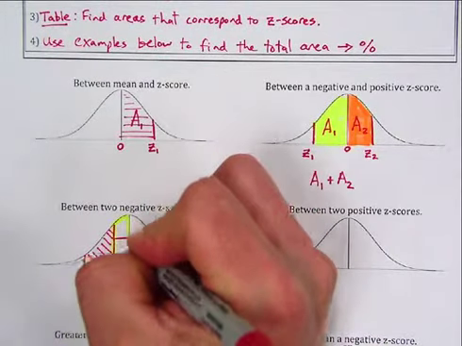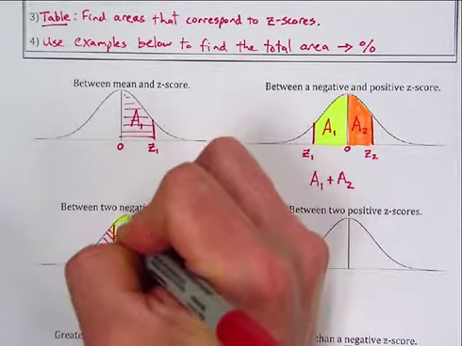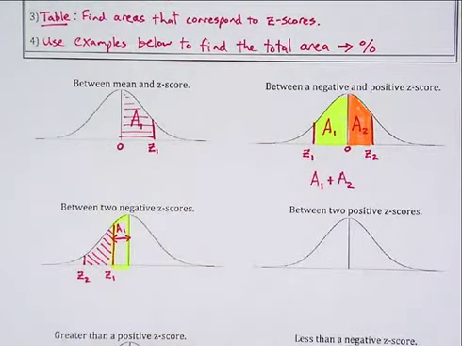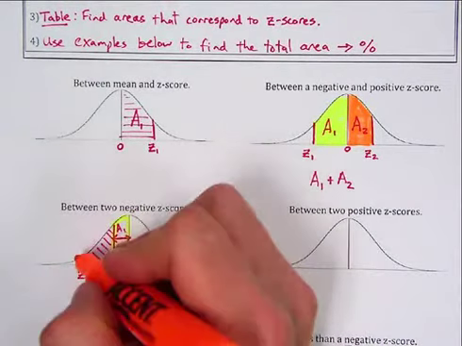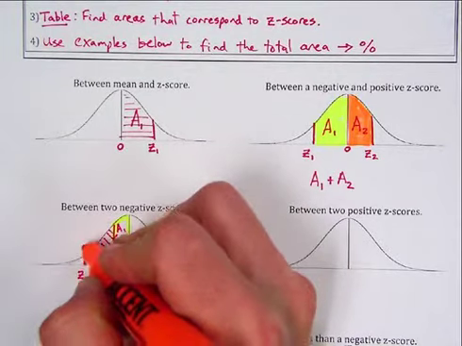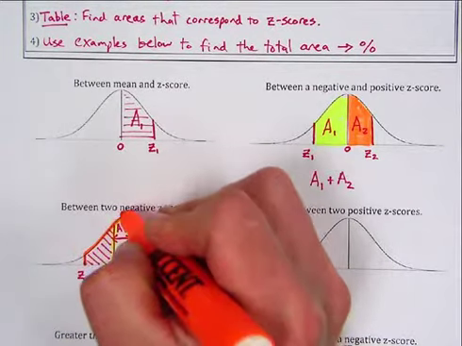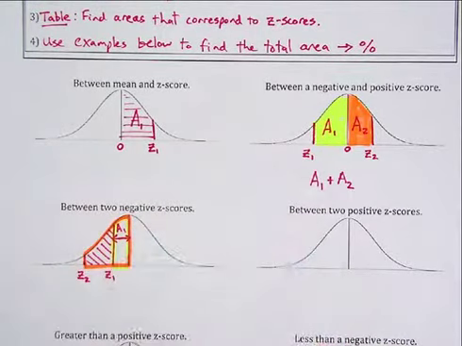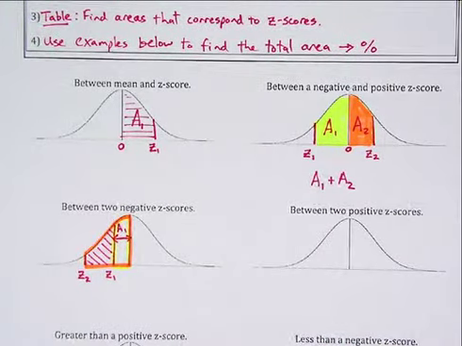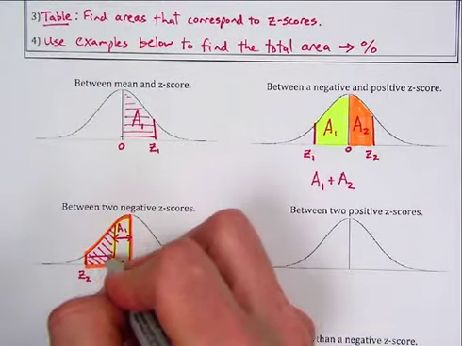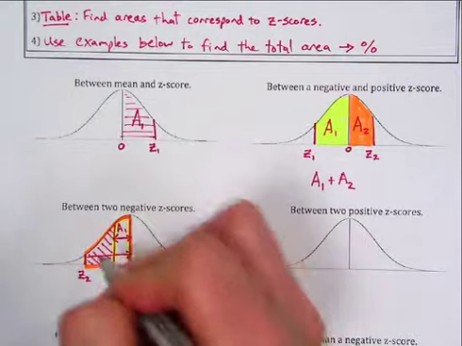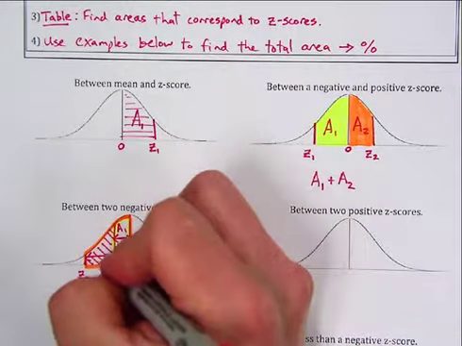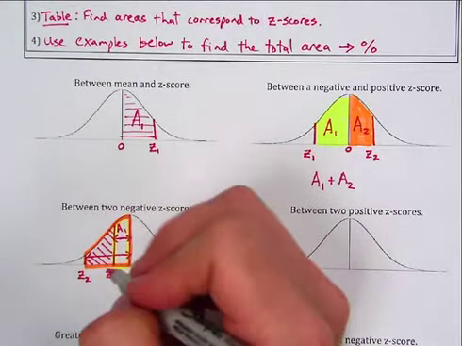Okay, so your first z-score gives you this area from here to here. We'll call this a sub 1. Then your second z-score will give you this area. Now notice it always goes to the mean here. So from the mean to the z-score, this gives you area 2.